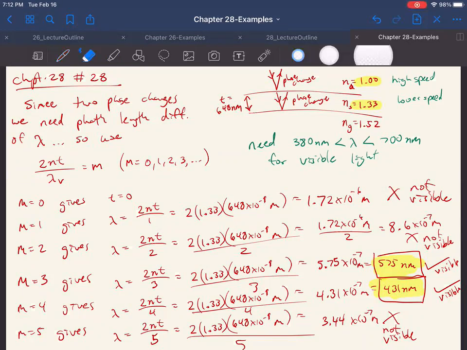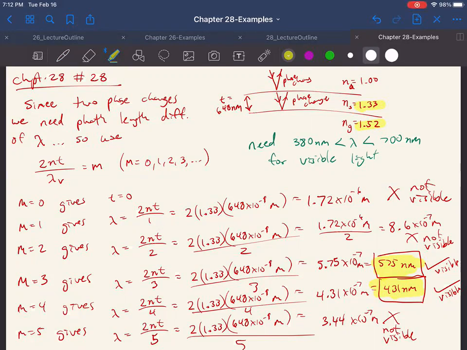However, we also get another phase change on the next one, because here we have an index of refraction of 1.33 going into 1.52. And so now again, we're going from a low index to a higher index.